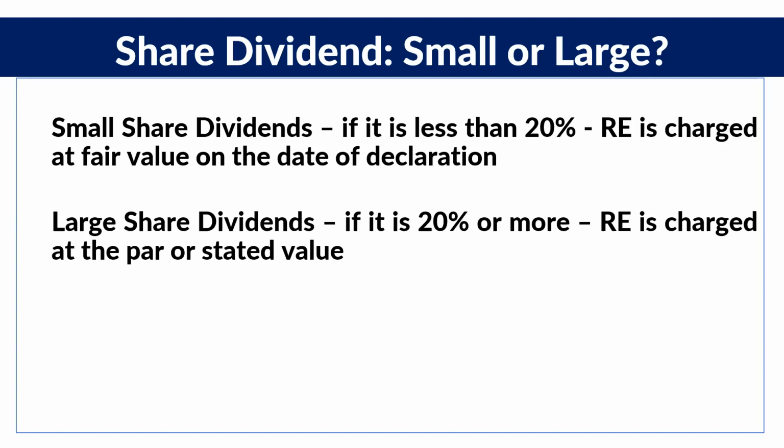So, pag sinabing small share dividend, yung share dividend na declared is only less than 20% of the issued and outstanding shares. So, retained earnings is charged at fair value at the date of declaration. So, again, take note, pag small share dividend, ang percentage declared is less than 20%.